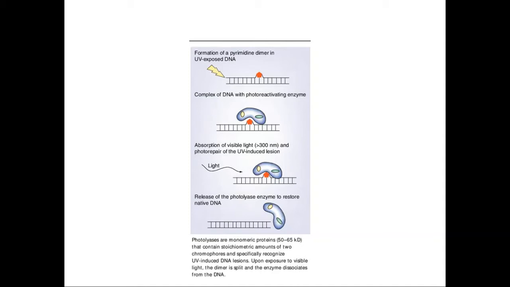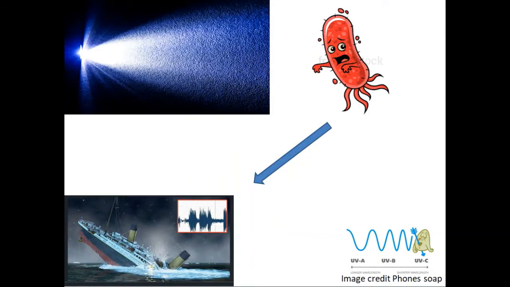And as we all know, this is a system which has been found in the case of bacteria, but we eukaryotes, especially the placental mammals, do not have such a system, referred to as a photoreactivation system. Now come to a situation in which a bacteria is being exposed to a high level of UV rays.